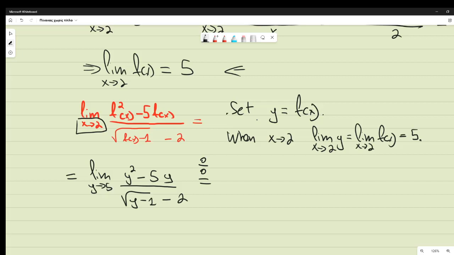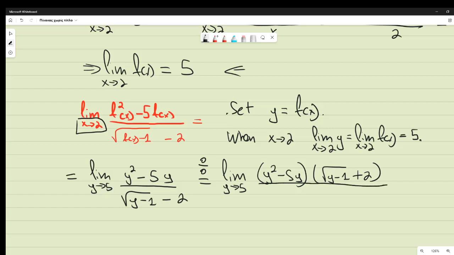So we multiply the numerator by the same thing, the square root of y minus 1 plus 2. This is the adjoint representation.